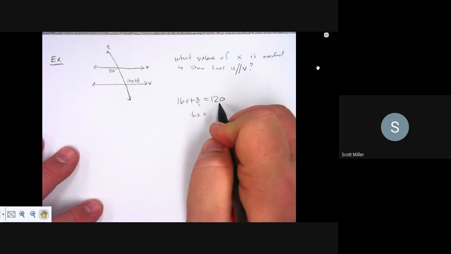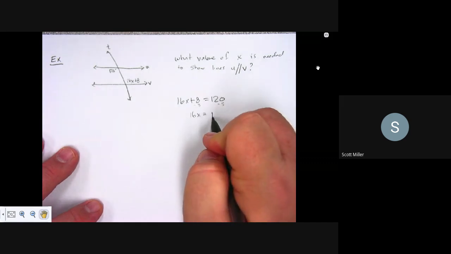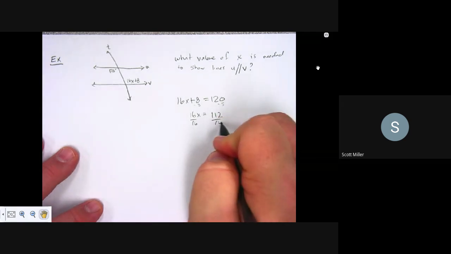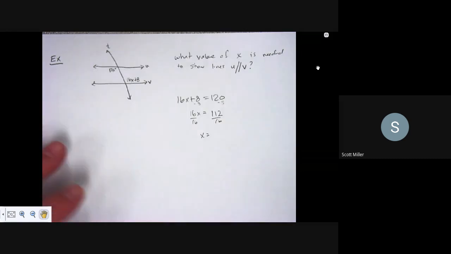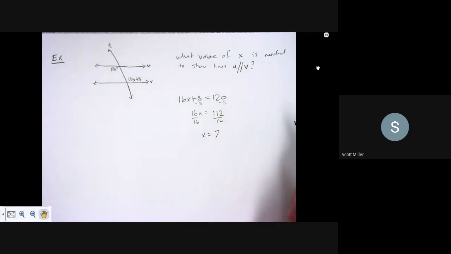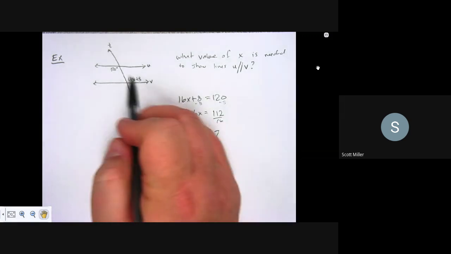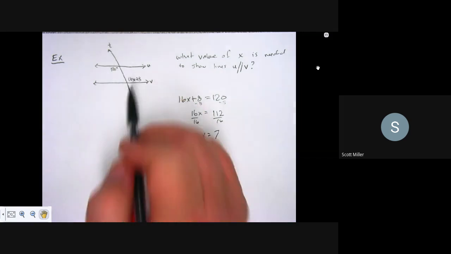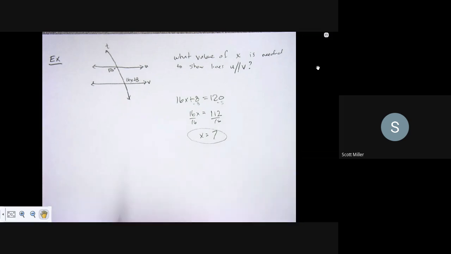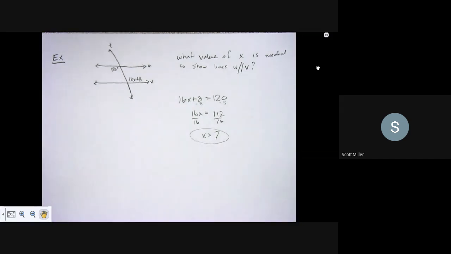Take 8 away from this, and we get 112. Divide by 16. What is 112 divided by 16? We get 7. So when x is 7, these two angles will be congruent, which means these two lines have to be parallel. And that's how that works. So that's what 2.1 and 2.2 are about, and we'll take questions and more problems together in class.